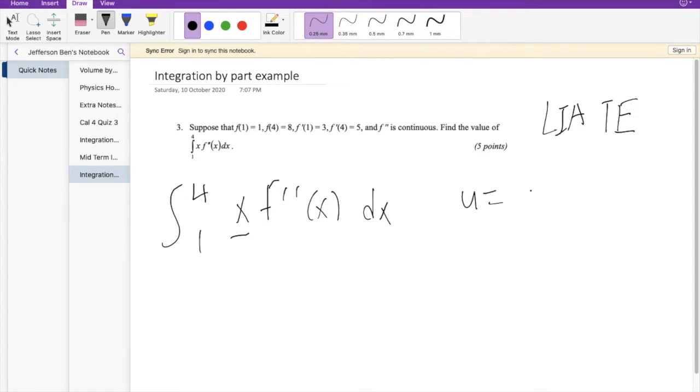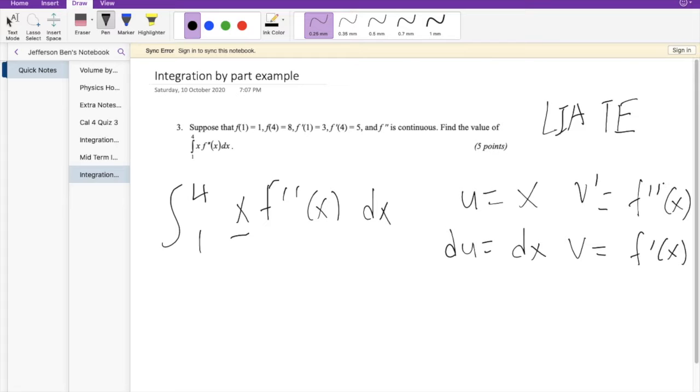So u is equal to x and du is just equal to dx, and v prime will equal f double prime x, and v will equal f prime x. If you integrate a second order derivative, you will get back the first order.